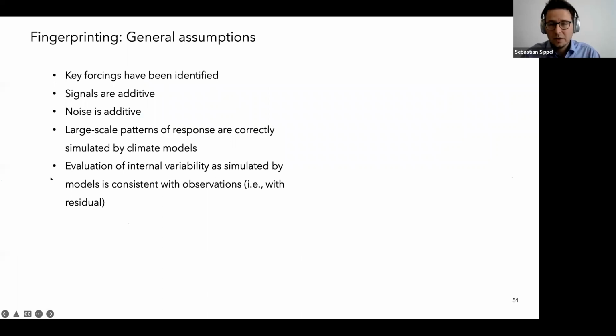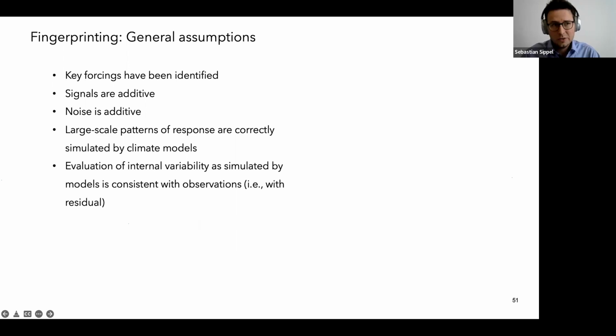And as a last assumption, something we also discussed yesterday with the questions, we need to evaluate whether the internal variability as simulated by the models is consistent with observations. This relates back to the noise model we discussed yesterday at the end of the lecture.